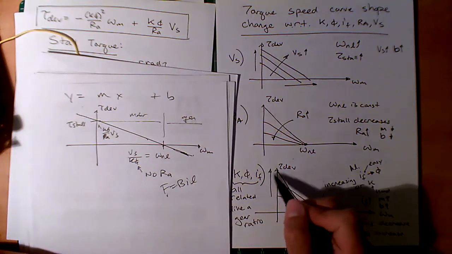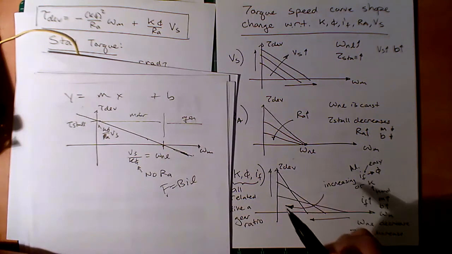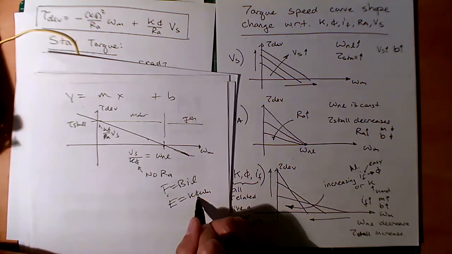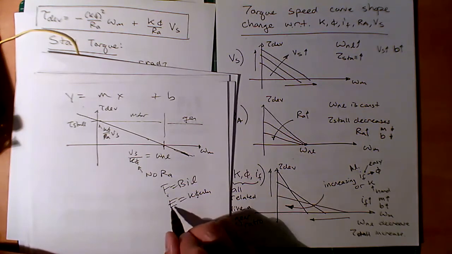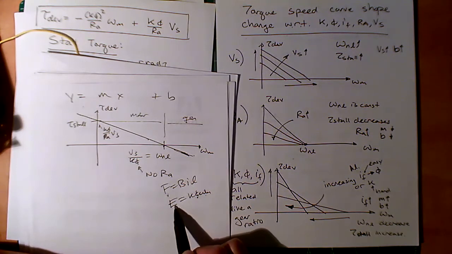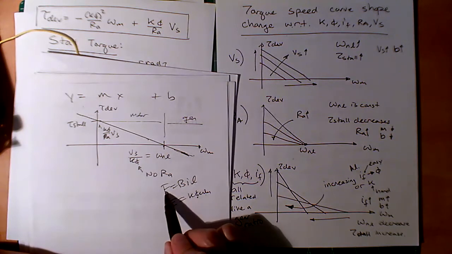So that's why you get more torque over here. But at the same time, your back EMF equation, K phi omega M, this relationship is going to get larger. So for the same speed, you get more V induced, which, remember, what does it do? It decreases the current, which decreases the torque.